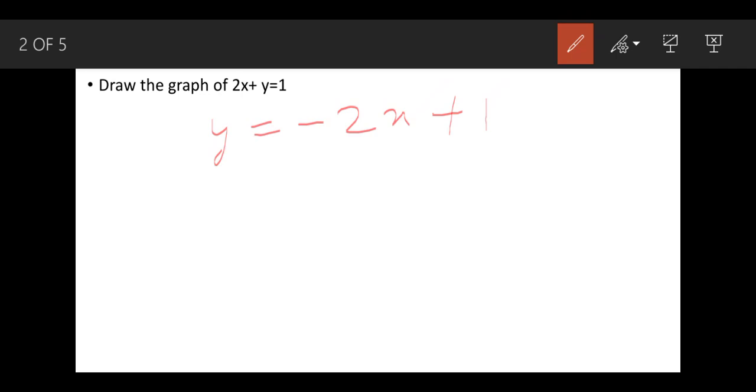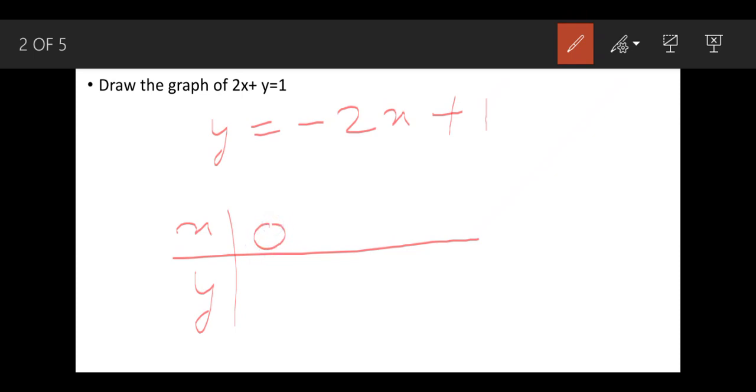Now we will make a table of x and y. On a random basis, we will put in values of x to get the value of y. Do remember, while putting in the values of x, we will take those values which we can mark easily on the graph. So, let us take x is equal to 0.